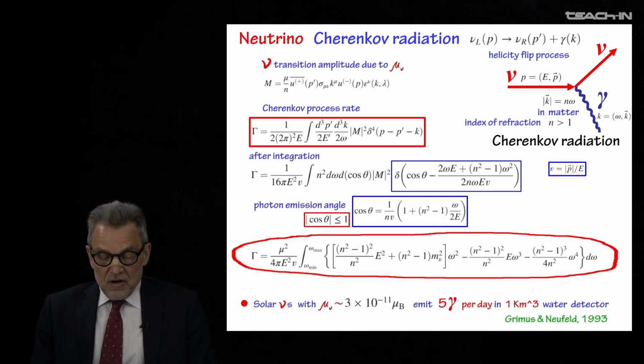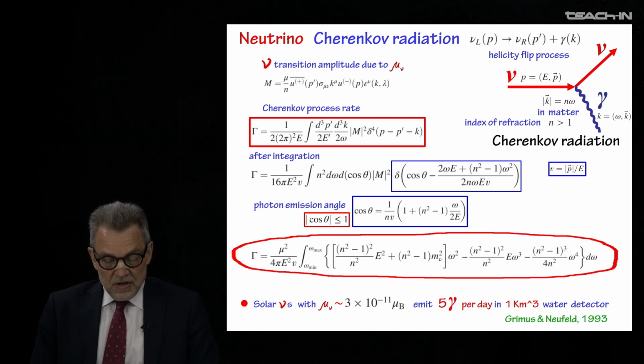that depends on the refractive index of matter and also on the energy, and it is possible to make quite a simple estimation, applying this result, for instance, to considerations of the solar neutrinos in terrestrial experiments.